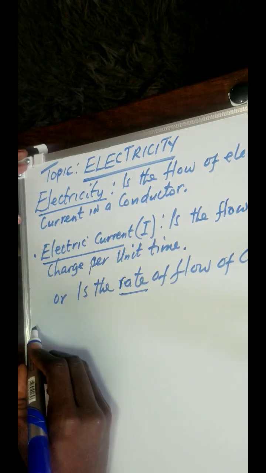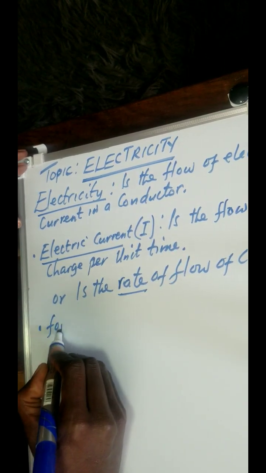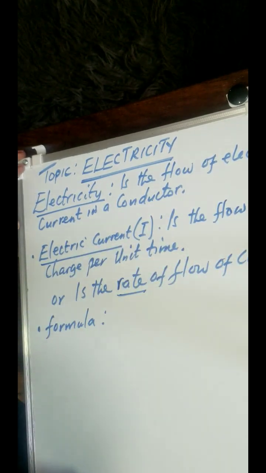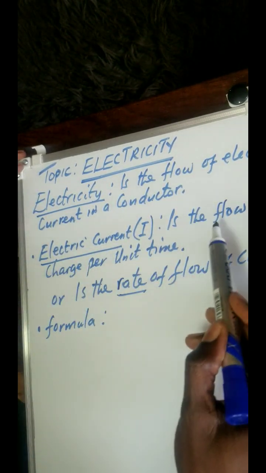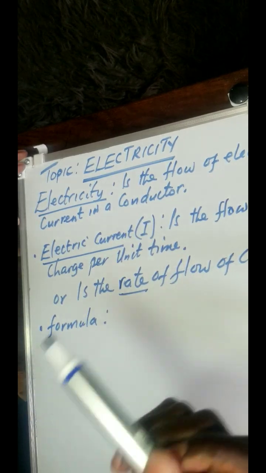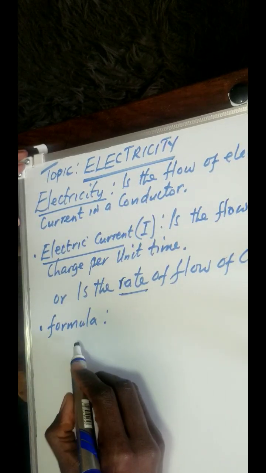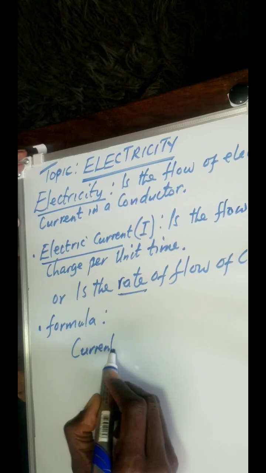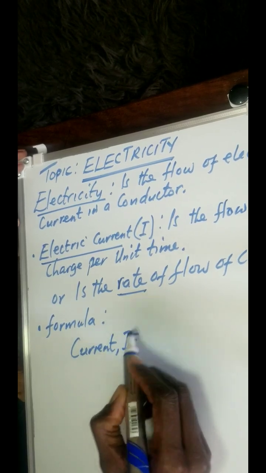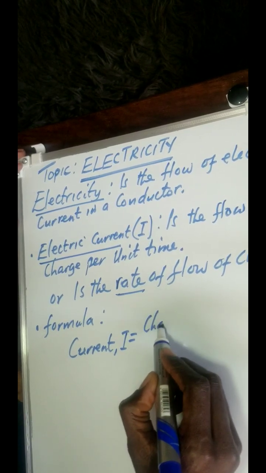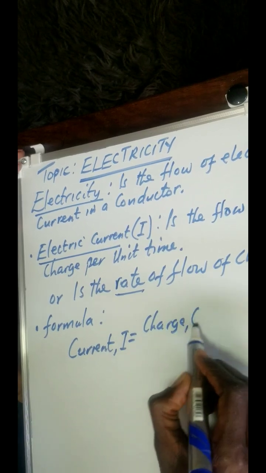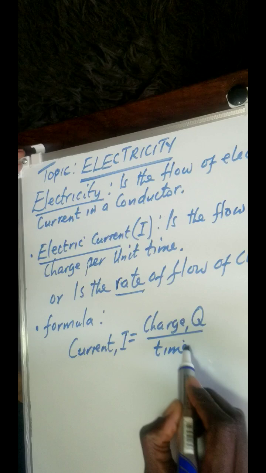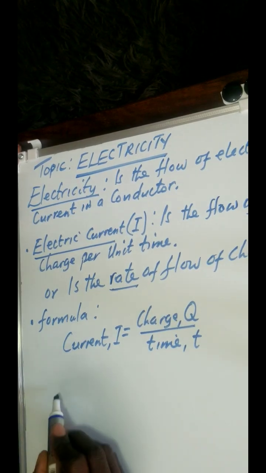And therefore, we can come up with a formula for electric current. From the first definition, electric current is the flow of charge per unit time, and therefore this electric current I is simply going to be given by charge, represented by that symbol, divided by time, represented by small letter t.